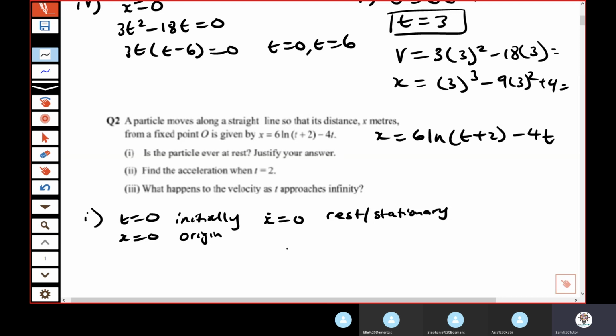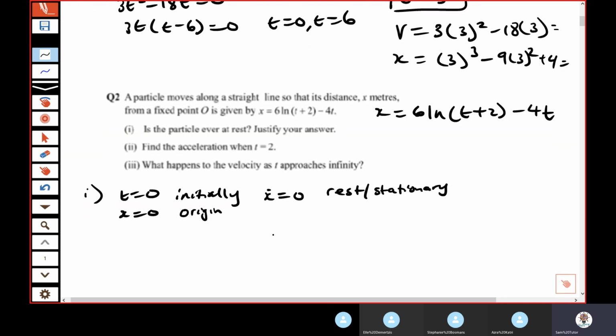So is the particle ever at rest? You're going to find x dot. How do we differentiate a log? Derivative of the inside over the inside. So x dot equals 6 on (t plus 2) minus 4. Anyone not comfortable with that differentiation? For it to be at rest, you make it equal to 0.